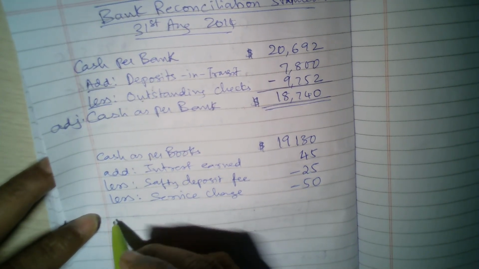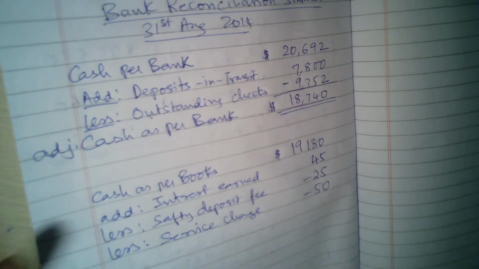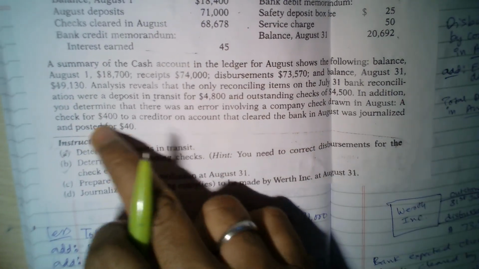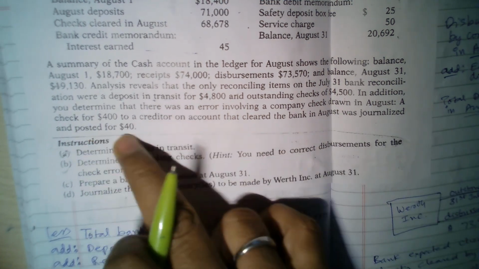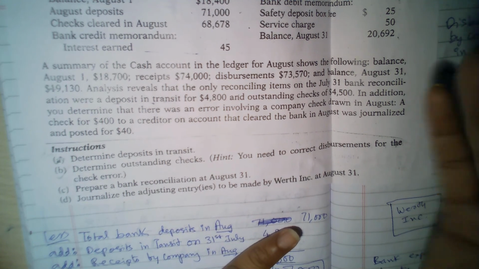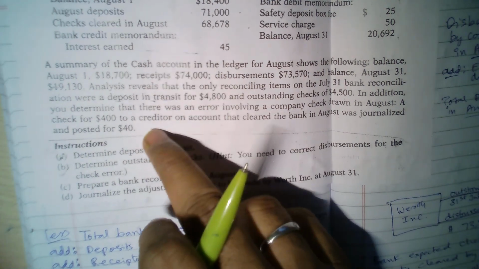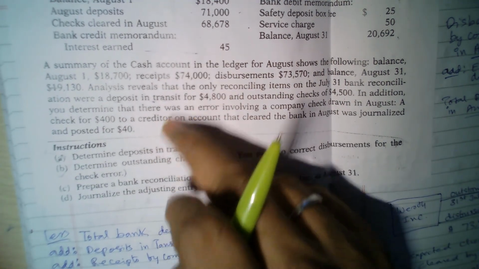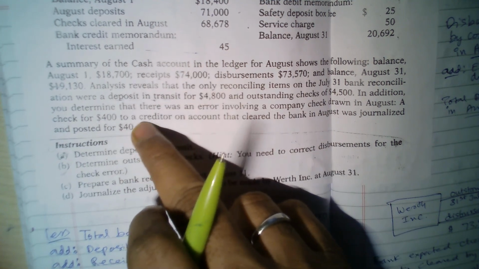What was the error? A check was issued for $400, but it was posted for only $40. That means I issued a higher value check but posted only a lesser amount, so my expenses are under reported. To correct for that, I have to reduce my cash, because if I had written 400 here, my cash would have been reduced.